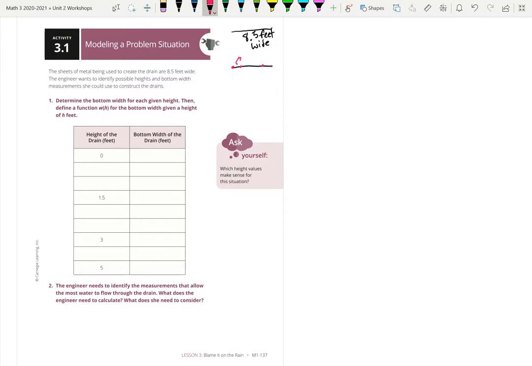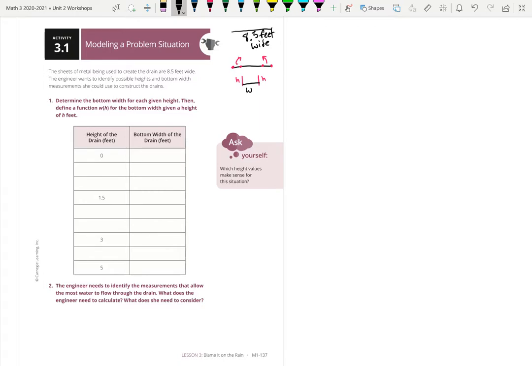And we're going to do this on both sides, and we're going to do it the same length such that it looks like a drain. Both of the sides are going to be how high this drain well is. And then this is going to be the width.